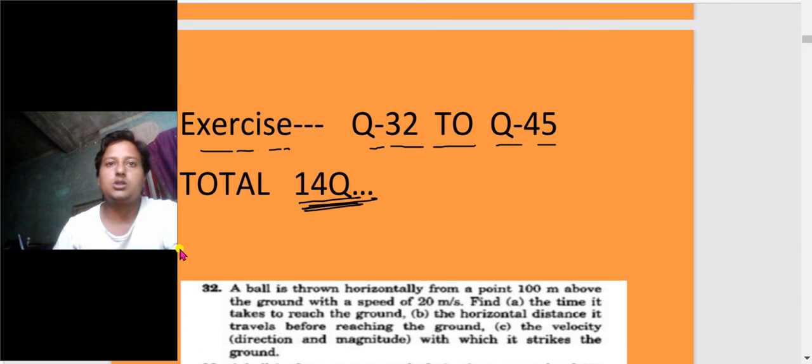In question number 32, a ball is thrown horizontally from a point 100 meter above the ground with a speed of 20 meter per second. We have to find the time, horizontal distance, and the velocity of striking. So from a height of 100 meter, a ball is thrown horizontally with a speed 20 meter per second.